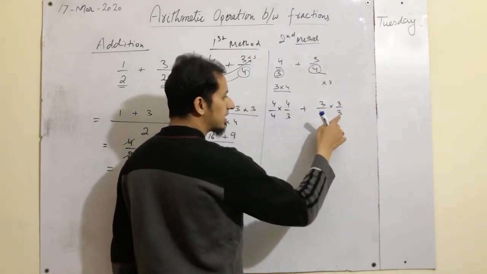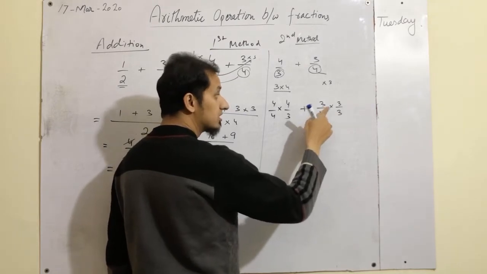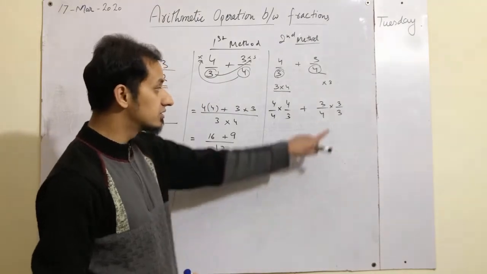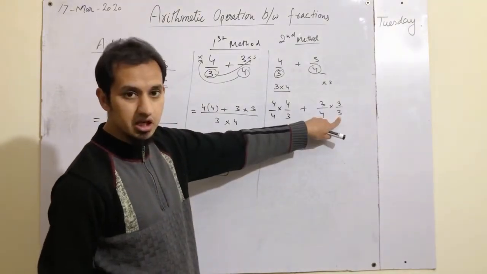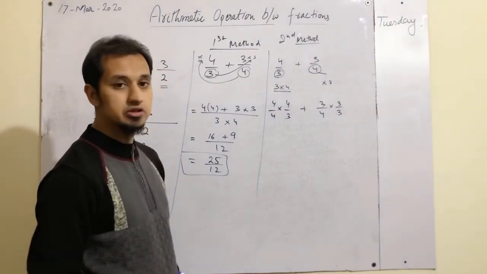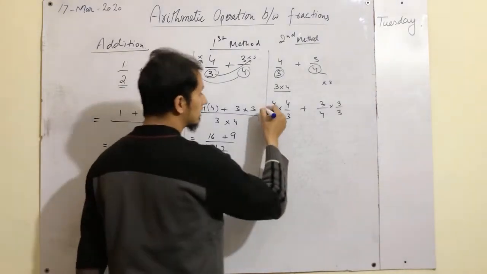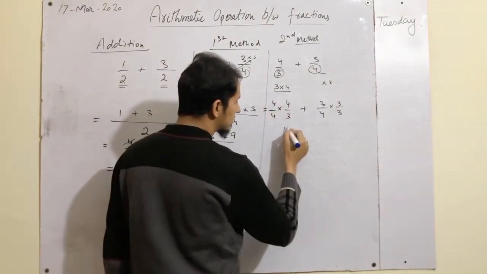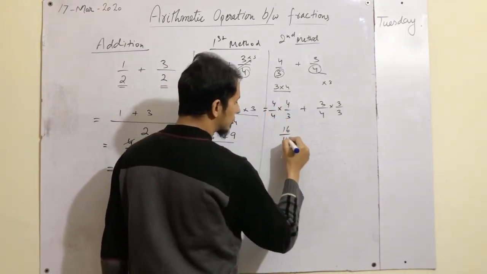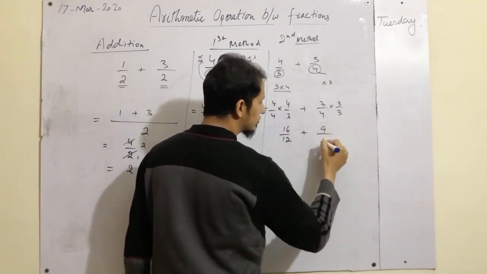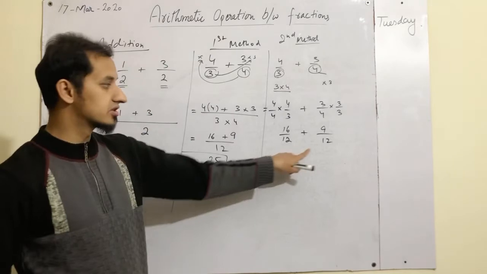If I multiply the denominator by 3, I should multiply the numerator by 3 also, so that there is no change in our question. Now 4 into 4 is 16, 4 3s are 12, plus 3 3s are 9 and 4 3s are 12. Now you have the same denominator.